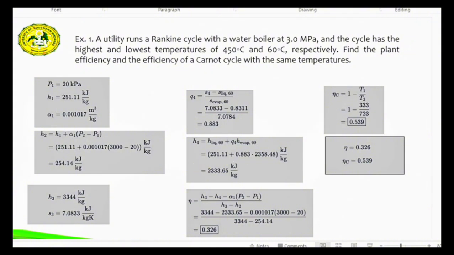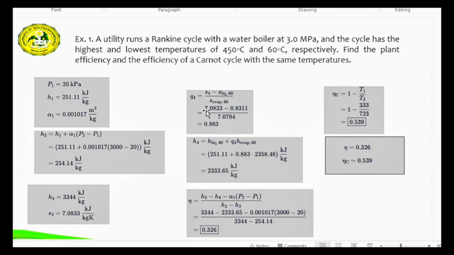We have this equation: the quality at state 4 is equal to the entropy at state 4 minus the entropy of liquid at 60 degrees Celsius over the entropy of evaporation at 60 degrees Celsius, which is here, which is correct.